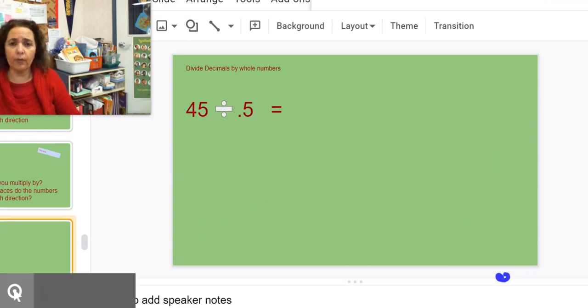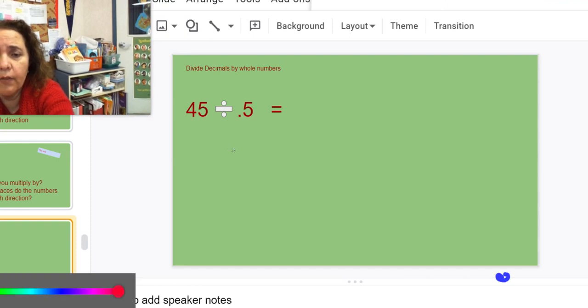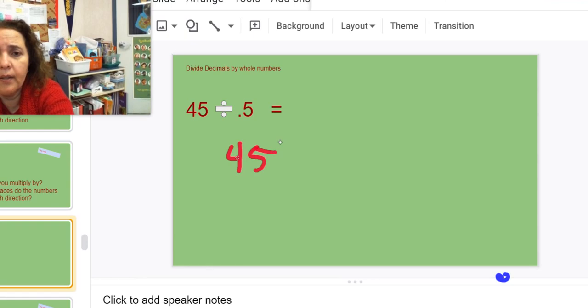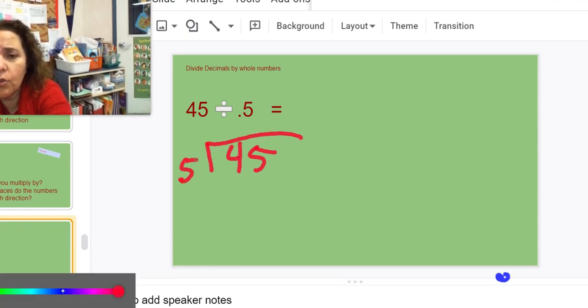Okay, let's try this one. 45 divided by 5 tenths. Okay, so this is the same thing as 45 divided by 5 tenths. So I'm going to have to, it's like multiplying it by 10, right? So I'm just going to go 1 shift right there.